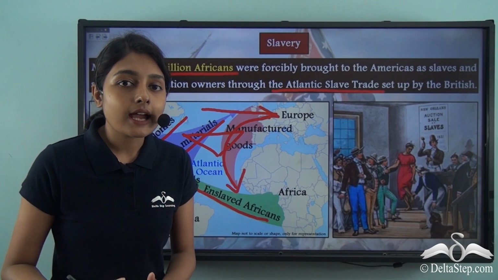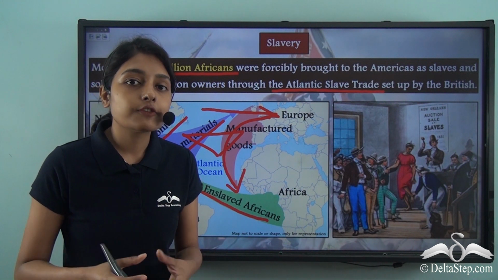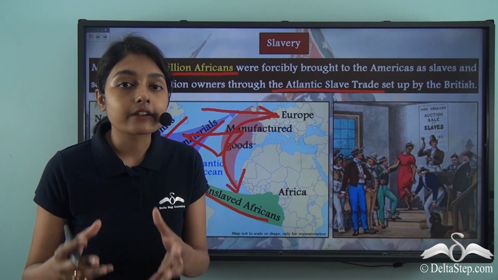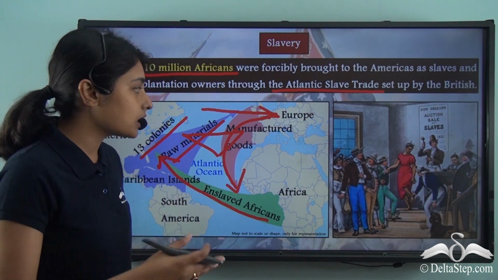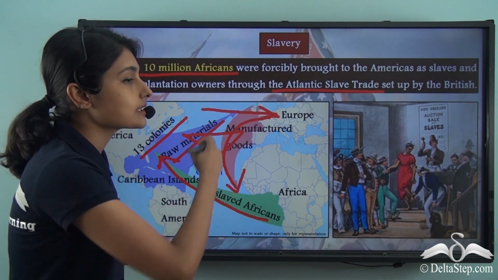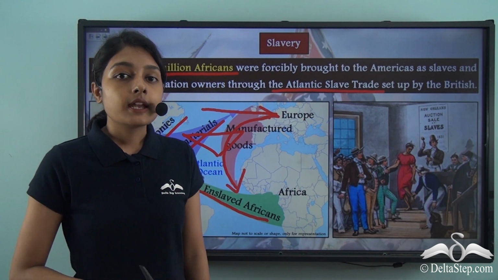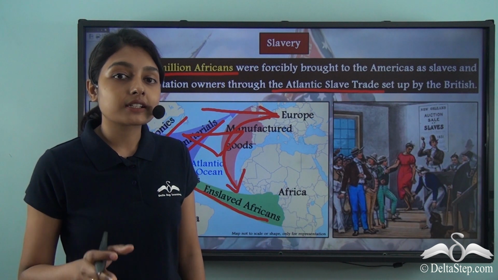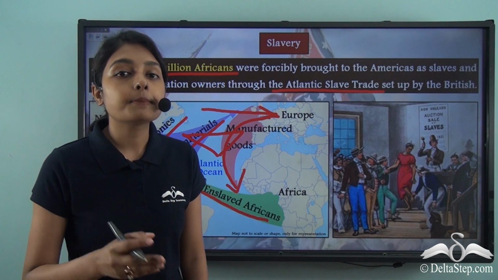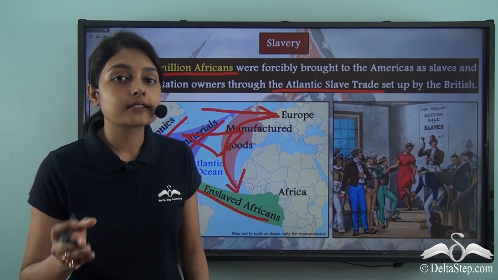With the labor that these slaves put in, they were able to produce agricultural products, and these raw materials were then sent to Europe. This was the transatlantic slave trade, and it happened between the 16th and the 19th centuries.